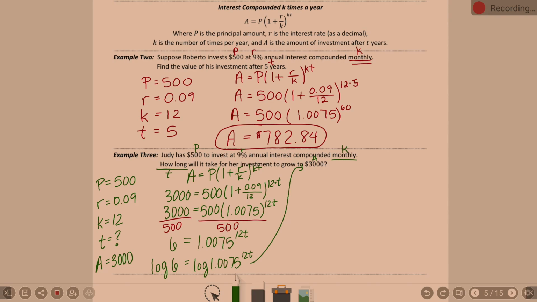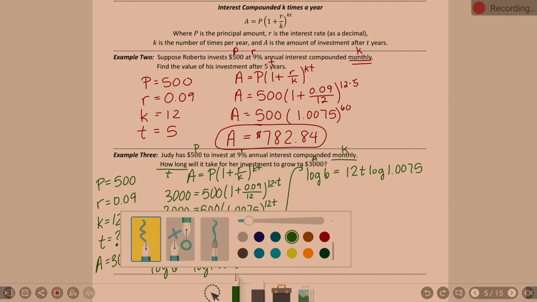Use our power property. Is this sounding familiar? So log of 6 is equal to 12t times log of 1.0075.